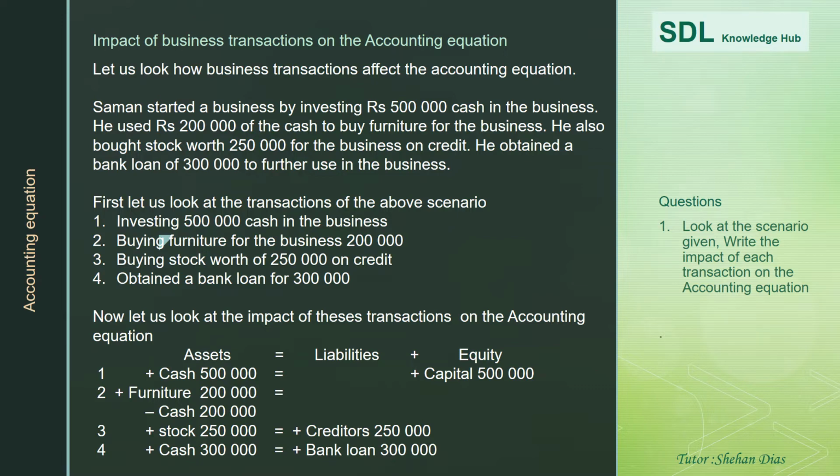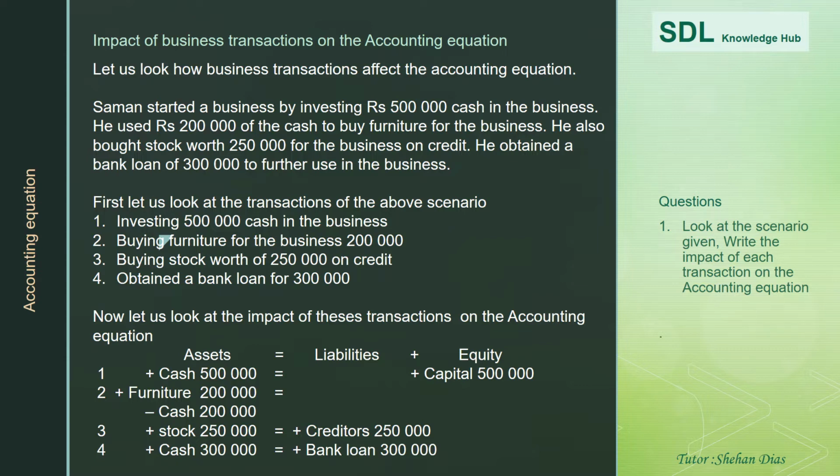Based on the information given, first we will look at the transactions individually. The first one is investing 500,000 cash in the business. Number 2, buying furniture for the business for 200,000.